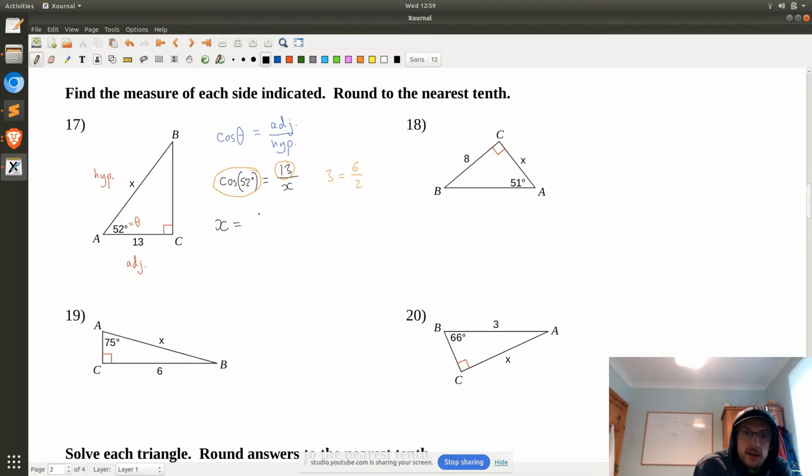So x is 13 divided by cosine of 52 degrees. And then just put it in. And we get 21.1. Degrees? No, it's a length. So just 21.1.